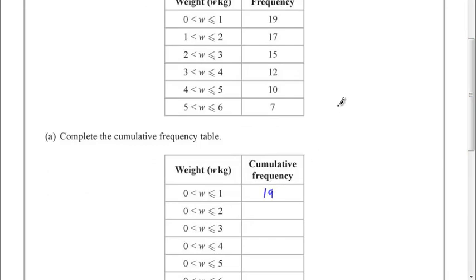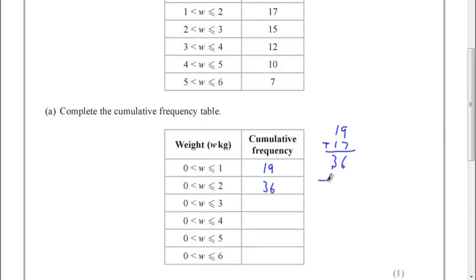Now for the second one, the number of parcels that are 2 kilograms or less are a combination of 19 and 17. 19 plus 17. Okay, 36. That goes in there. And we carry on like that now. We add on the 15, the next one.